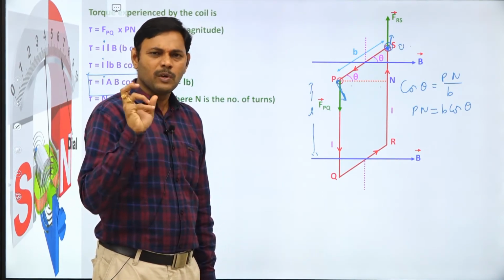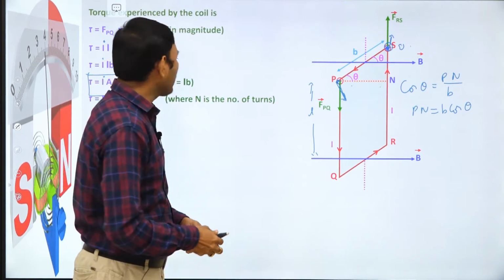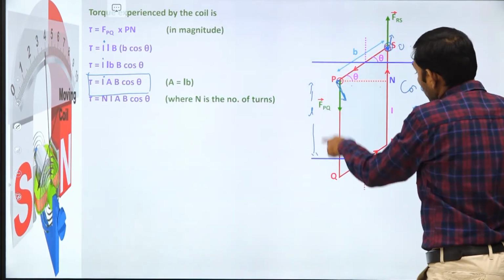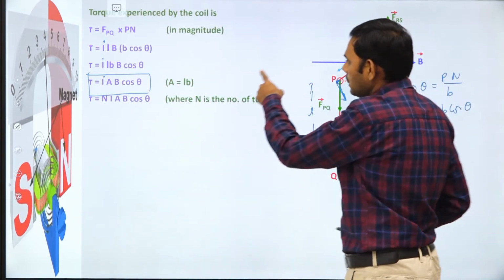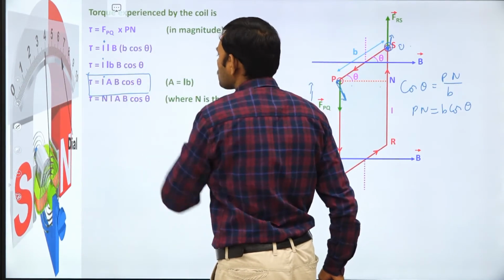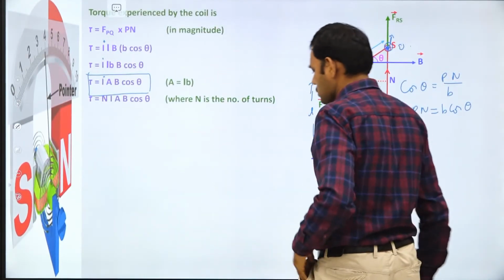Practically useful coils must have many turns. So, according to the practical situation, if this coil consists of n turns, then the torque increases by n times. So, NIAB cos theta, where n is the number of turns. The remaining values are known to us.